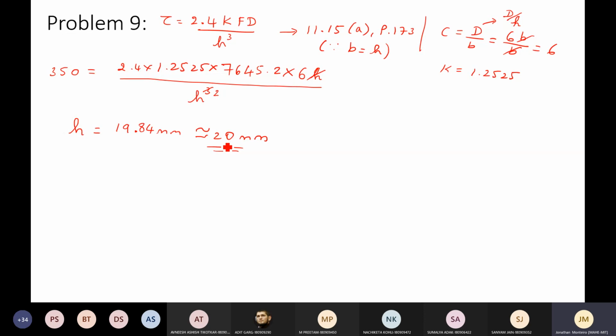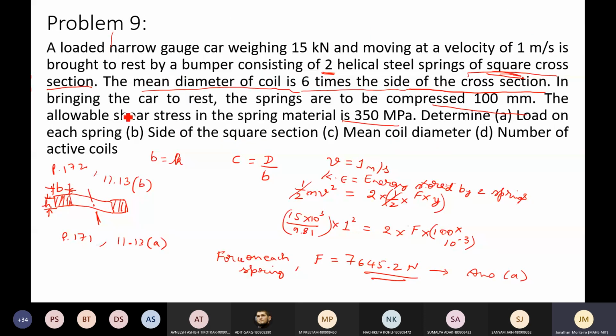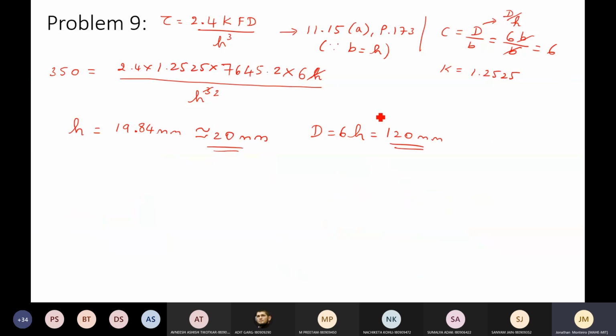So this is for 20. Having said that, D is equal to 6 times H, so 120 mm. That is done. This second one is done, so answer B is done over here.